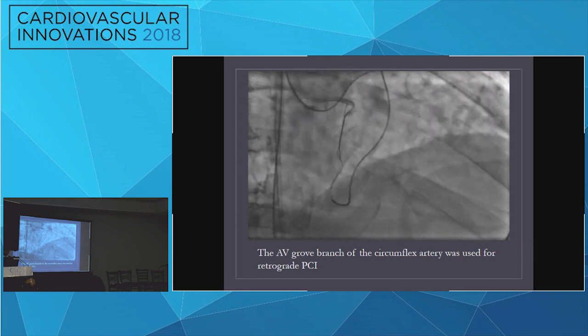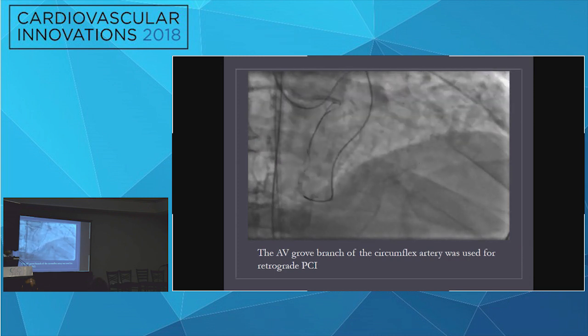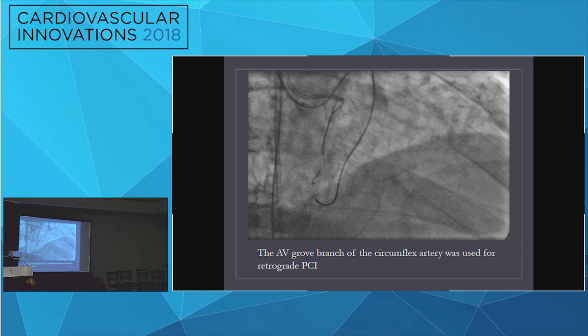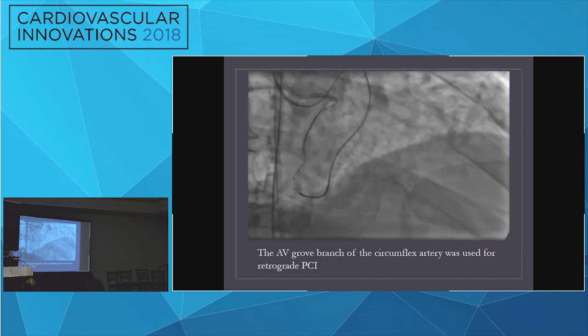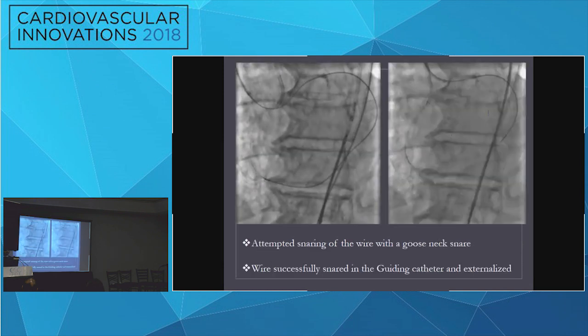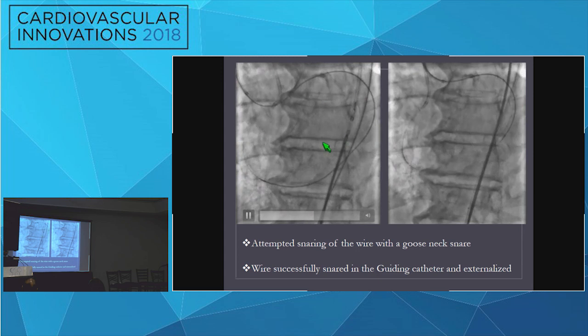At that time, I had a 7 French AL guide catheter in the RCA. Tried to snare, didn't work, so I pulled it out and used a 7 French short JR4 so that it sits more coaxial. I was able to wire the guiding catheter, and then I snared the wire in the guide and pulled it out.